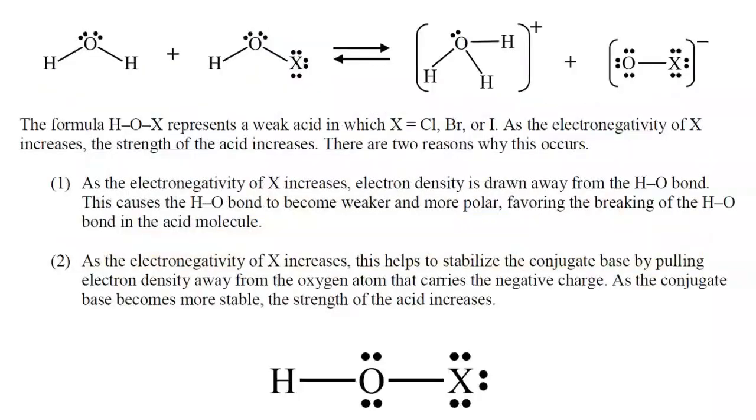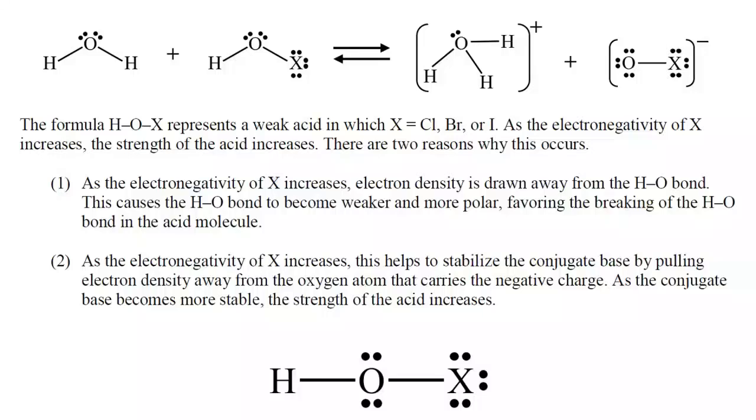So here we have at the top of this slide a reaction between a water molecule and a general formula of HOX, where that's a hydrogen bonded to an oxygen and then bonded to X, where X represents either chlorine, bromine, or iodine. Now we know from periodic trends that chlorine is more electronegative than bromine, and bromine is more electronegative than iodine. So as we go from iodine to bromine to chlorine, the electronegativity of that atom increases.